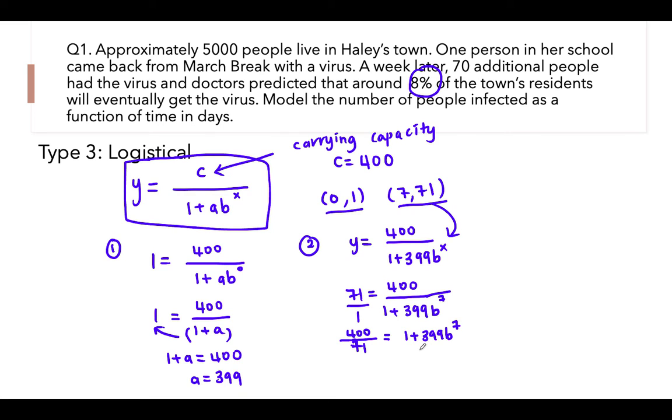Okay, and then I'm going to move the 1. Make sure you carry all the digits, but right now I'm just going to put 5.63 minus 1 equals 399b^7, and divide everything by 399. Then you get 0.0116 equals b^7.